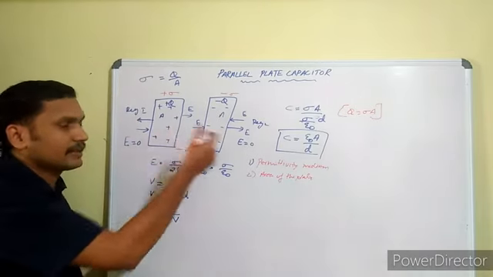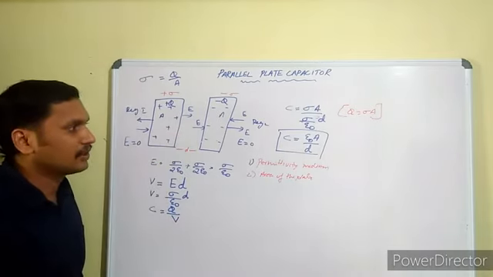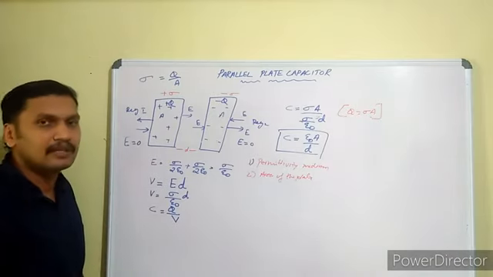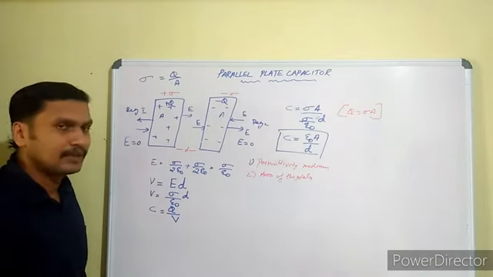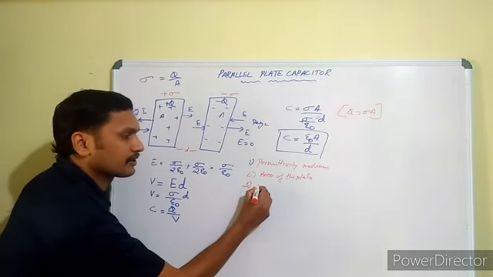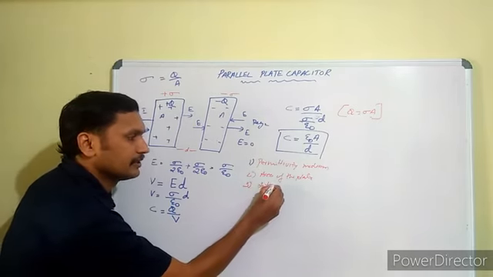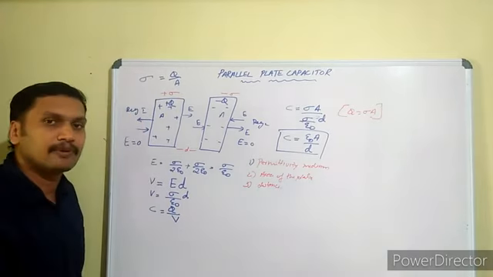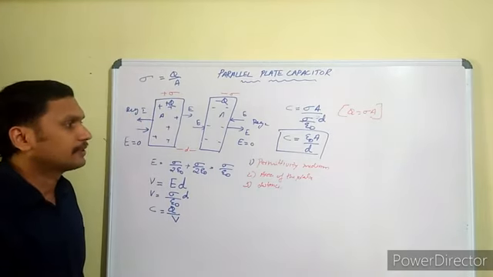If there is more area, it has more capacitance. C is directly proportional to the cross-sectional area of the plate. And the third factor is that it is inversely proportional to the distance between the plates.